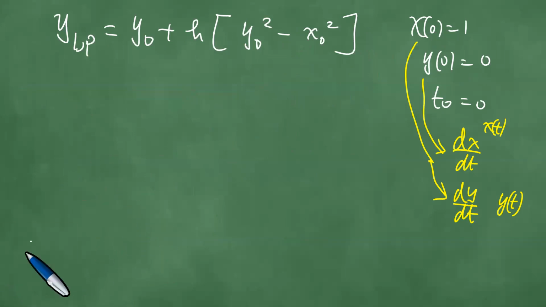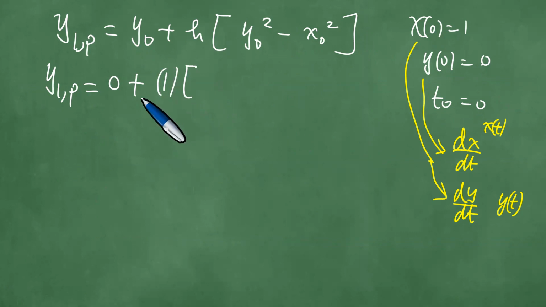Now I want us to continue with this. For the first predictor here, what is y0? y0, that's what it means. And then there is h. h is 1 for this problem; h in this problem is like delta t equals 1. So what is y0? y0 is 0. What is x0? x0 is 1.